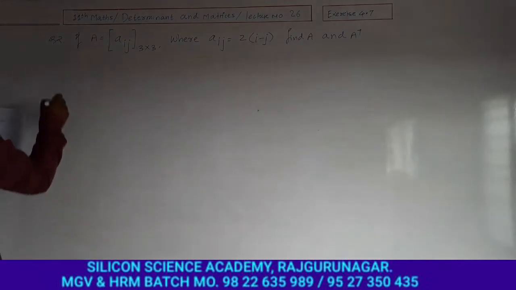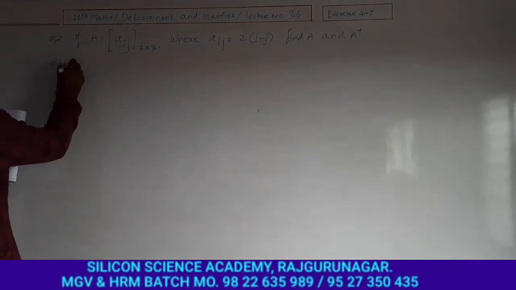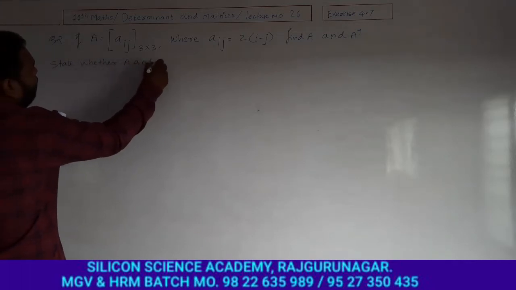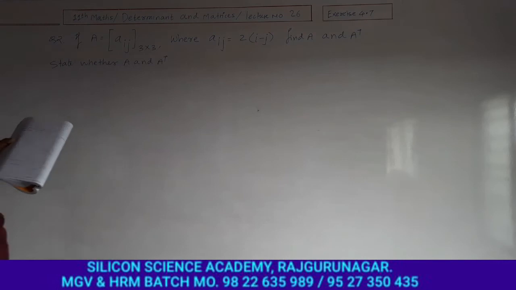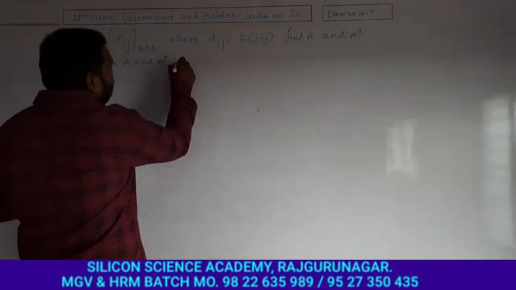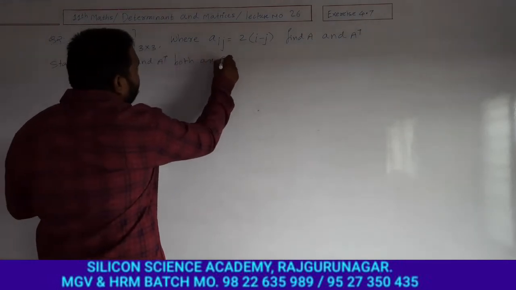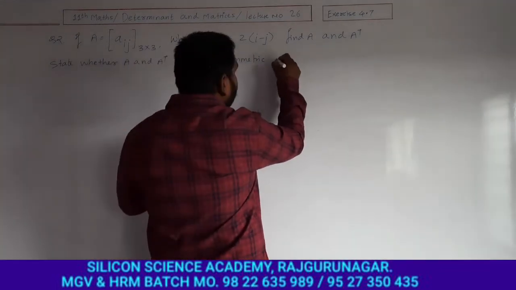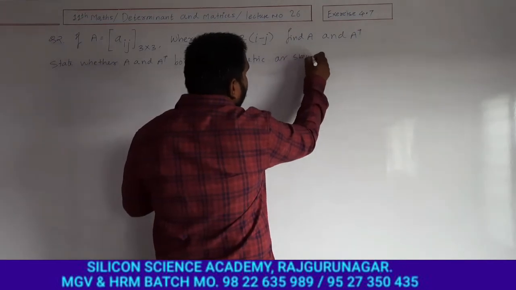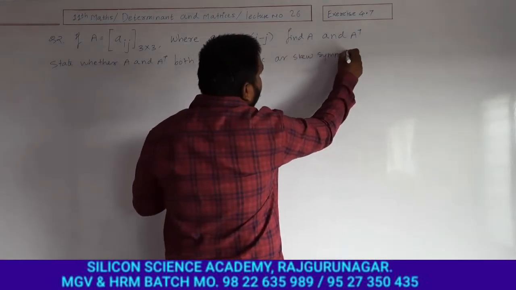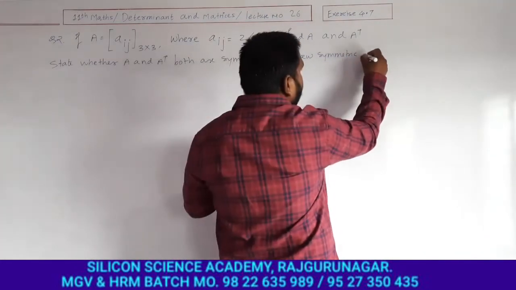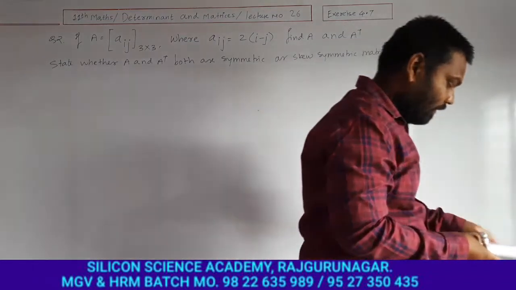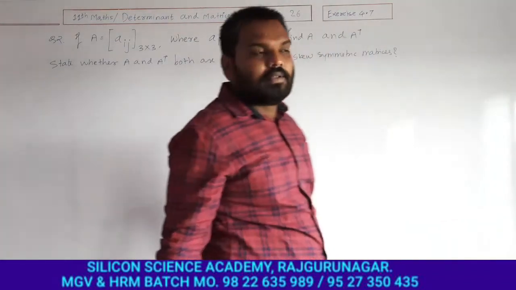State whether A and A transpose both are symmetric or skew symmetric matrices. This is a very easy sum.